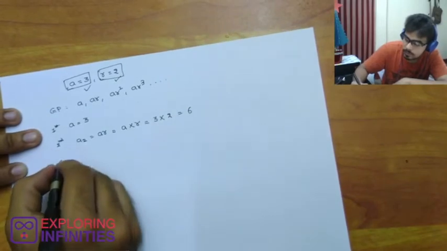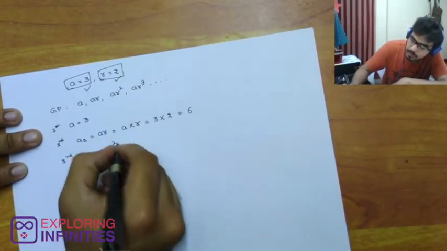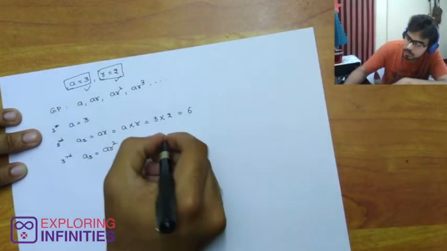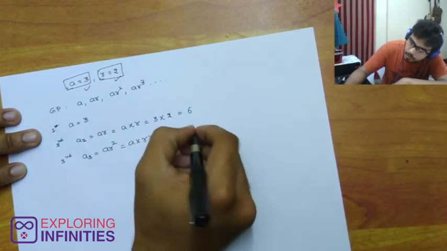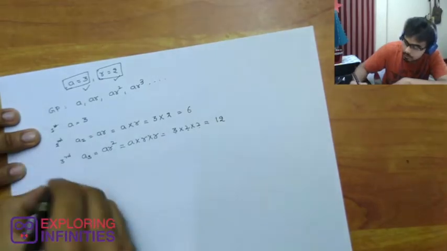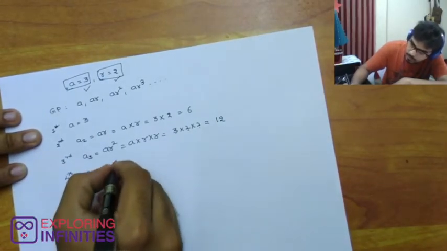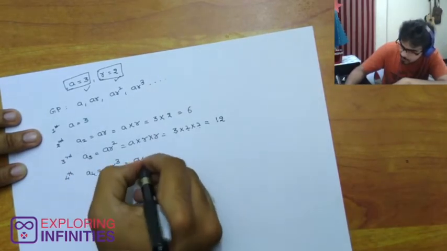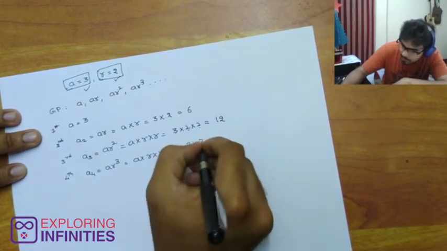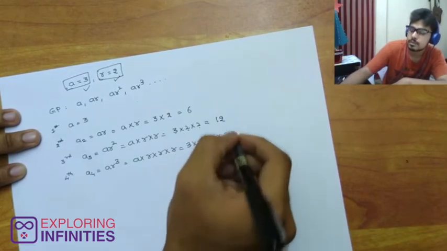Second term is 6. Third term a3 is equal to ar square is equal to a into r into r is equal to 3 into 2 into 2 is equal to 3 twos are 6, 6 twos are 12. Fourth term a4 is equal to ar cube is equal to a into r into r into r is equal to 3 into 2 into 2 into 2 is equal to 3 twos are 6, 6 twos are 12, 12 twos are 24.